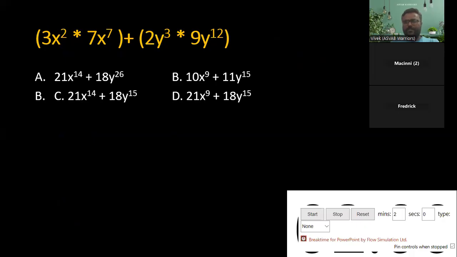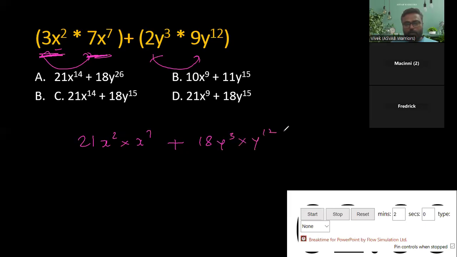Now, let me solve this for you. We are going to multiply this 3x square times 7x to the power 7. Multiply the numericals first. So 3 times 7 is 21. x to the power 2 times x to the power 7, plus this 2 times 9 would be 18, y to the power 3 times y to the power 12.